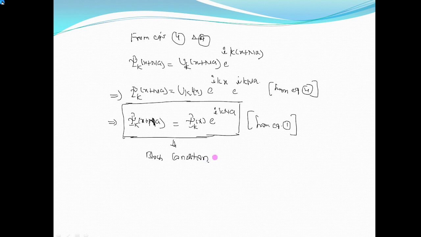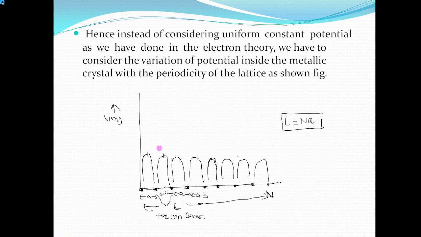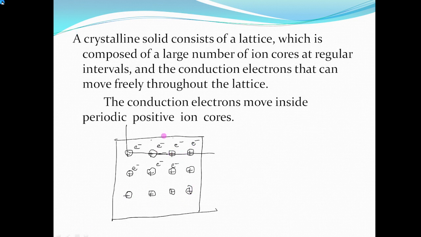Okay. Now I want to know, here we are saying that electrons can move freely inside the metal. Electrons can move freely inside the metal, which means the probability of finding the electron is everywhere the same. See here, when I show the diagram, electrons are free to move anywhere.